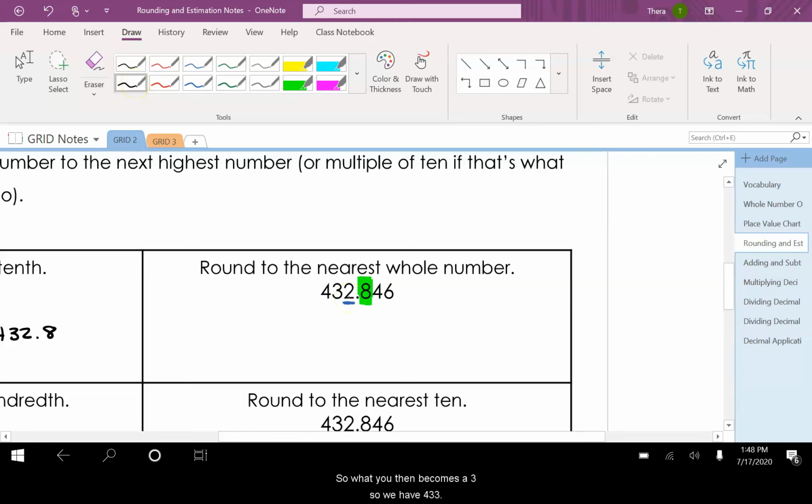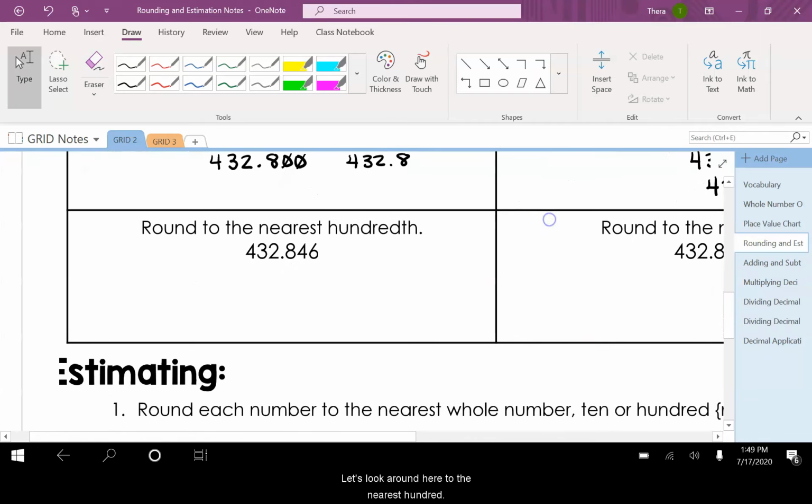So a 2 then becomes a 3. So we have 433, and all of these numbers change to 0. But because they are after the decimal, and there is no other digits past them, we can change it to 433 and leave it like that.